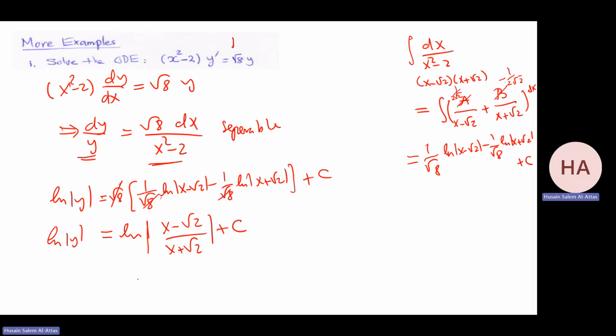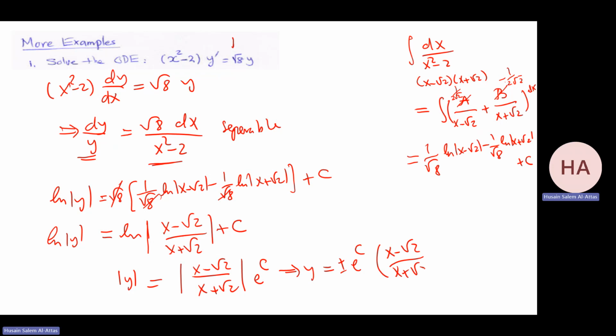Take e, I have absolute value of y is absolute value x minus square root of 2 over x plus square root of 2 e to the power c. Or I can write it y is plus or minus e to the power c times x minus square root of 2 over x plus square root of 2.